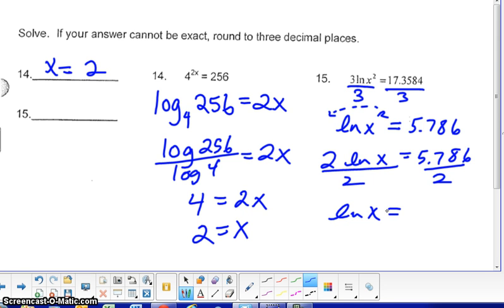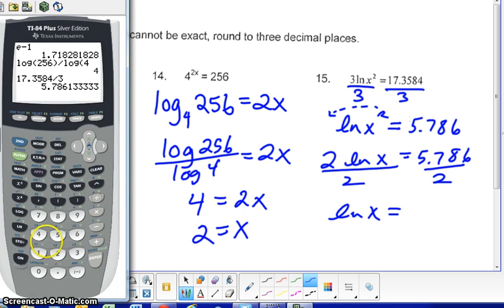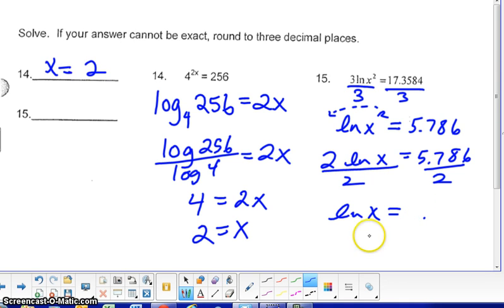We want to get to where there's just a single logarithm on one side. So I'm going to take that and divide it by 2 using all of the numbers above so I can get a more exact answer. So I end up with 2.8939. And now it is in log form, so I can just take e, because there's an invisible e anytime you have natural log, to the 2.8939.